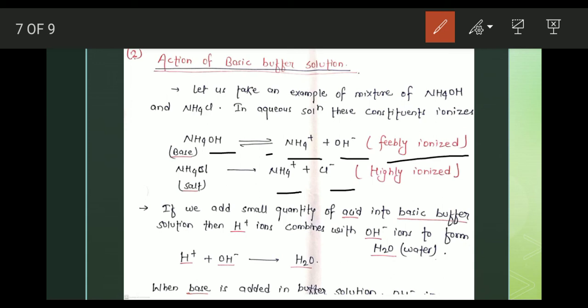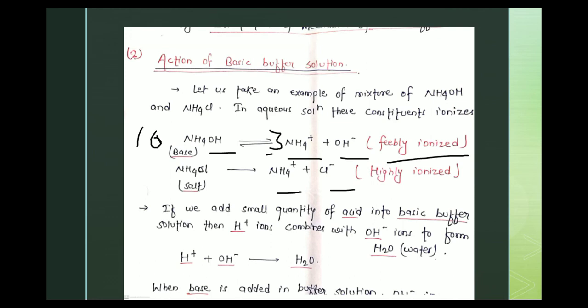Highly ionizing means it gets completely dissociated, completely ionized, as we have already taken an example in the acidic buffer solution, that if you take 10 molar of NH4, then what happens? Suppose 2 or 3 molar is dissociated, the other remains as it is in the solution, like that concept. We already discussed.